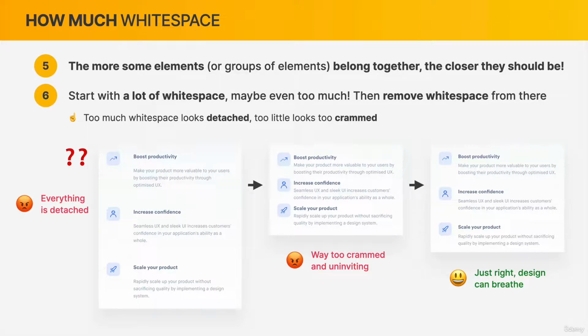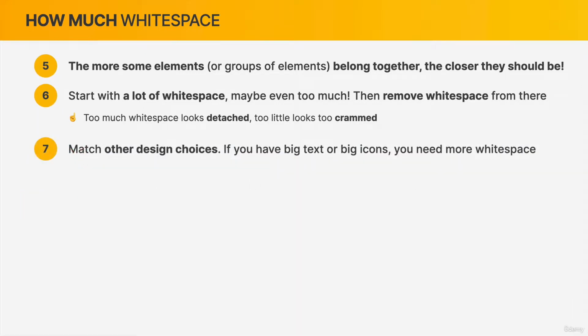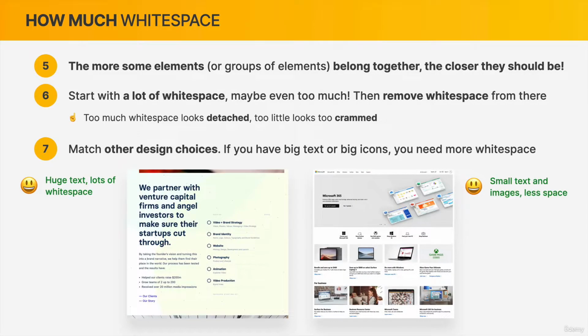And next, another guideline that might help you choose just the right amount of white space for your design is that you should try to match all the other design choices when it comes to white space. So for example, if you have big text or big icons, then you will need more white space. Just like in this first example, here the text is huge, and so we see there is actually a lot of blank space on this page, and also between the groups of elements, there is quite some white space.